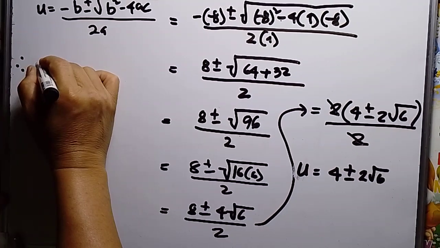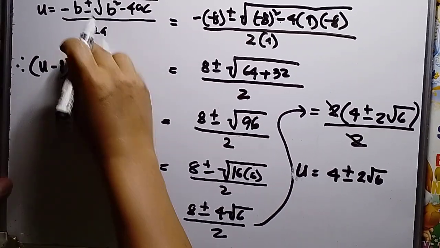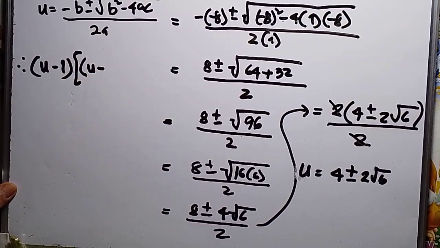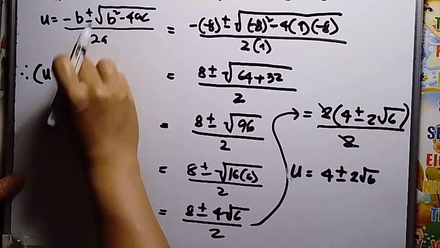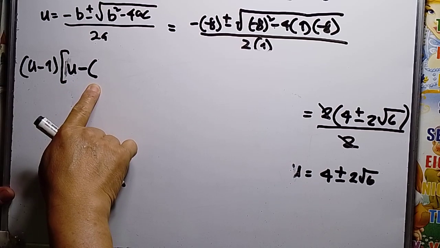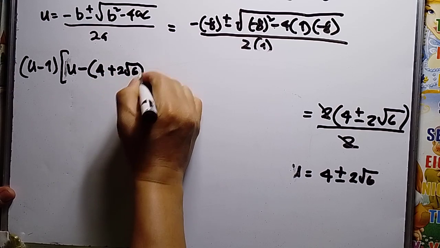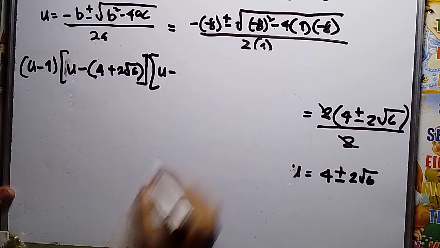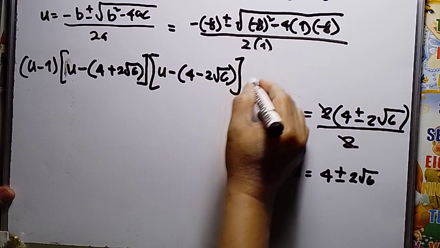So therefore, the factors are u minus 4, u minus, in parentheses, 4 plus 2 square root of 6, and the other one is u minus 4 minus 2 square root of 6, is equal to 0.